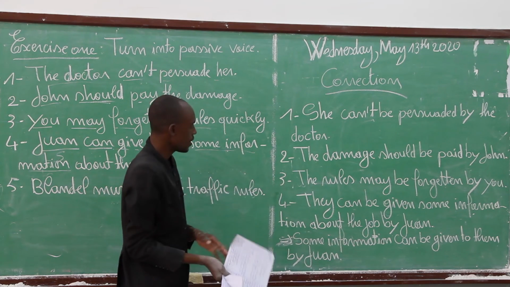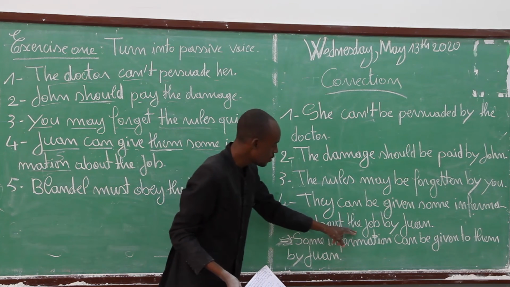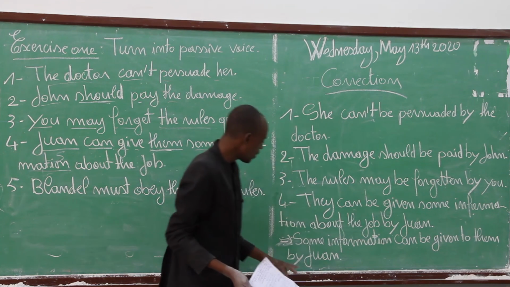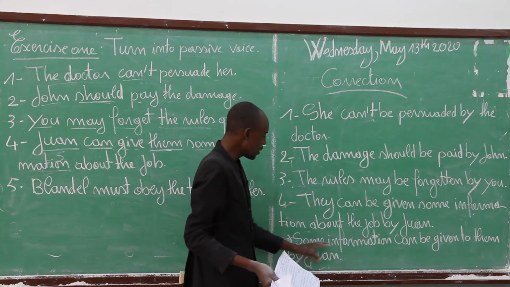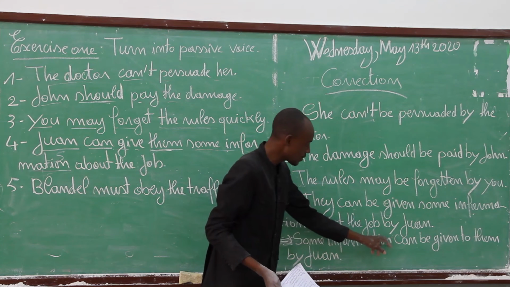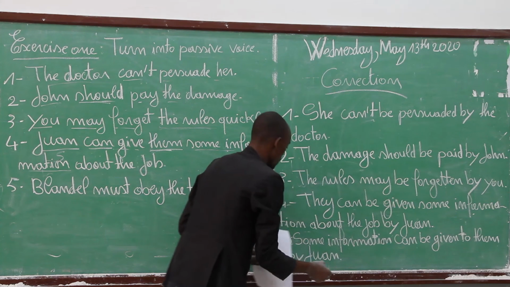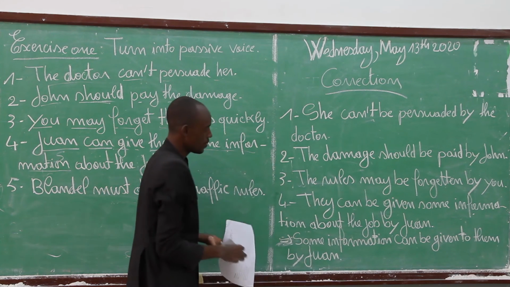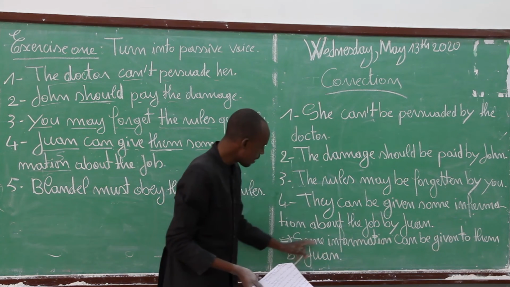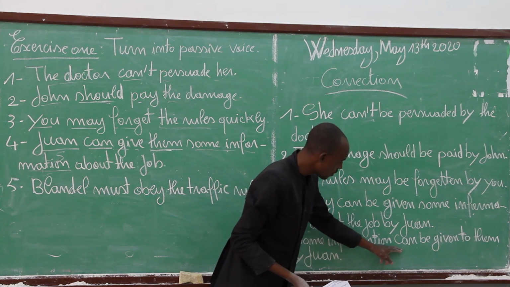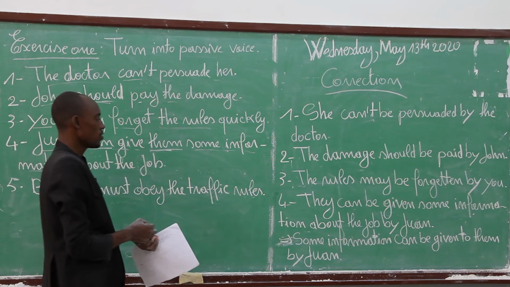Yes, we can say they can be given some information about the job by Joan, and some information about the job can be given to them. Yes, there is the problem of places; we can add about the job. Some information about the job can be given to them by Joan.